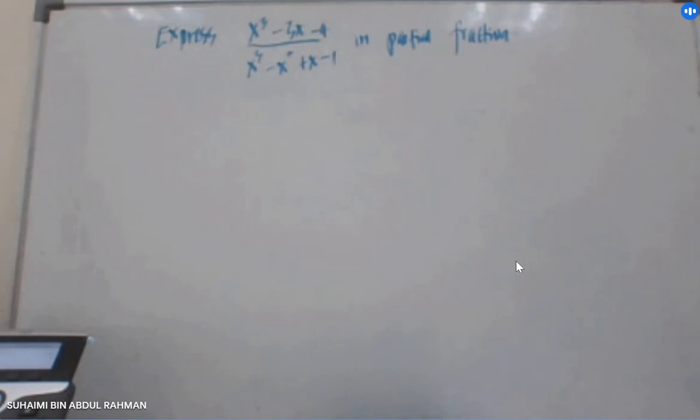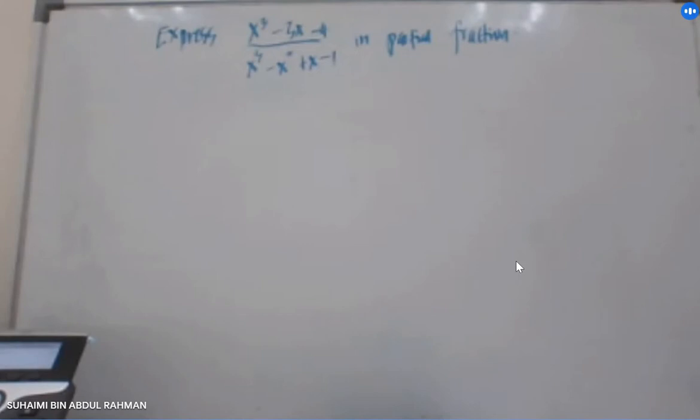So we have to follow the steps of our guideline. Step number 1 is to look whether this rational function is proper or improper. Improper.